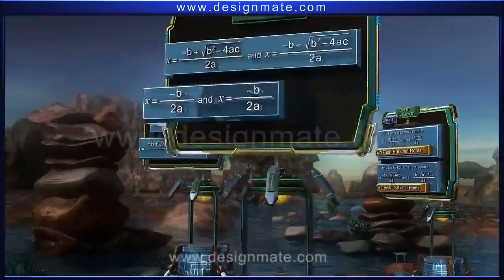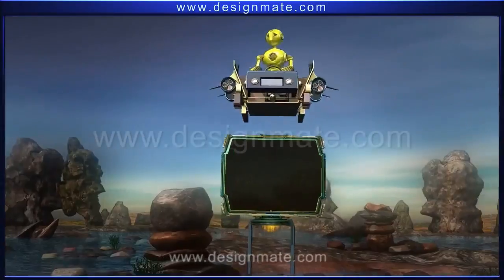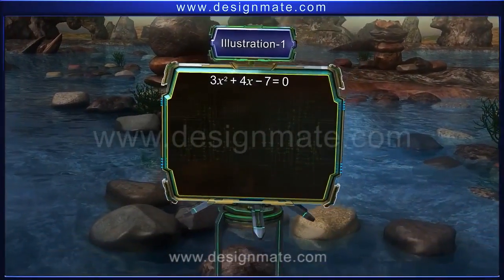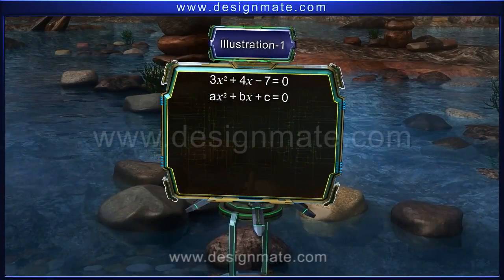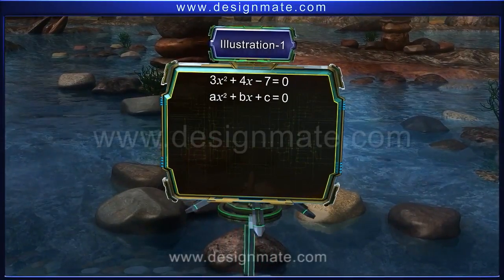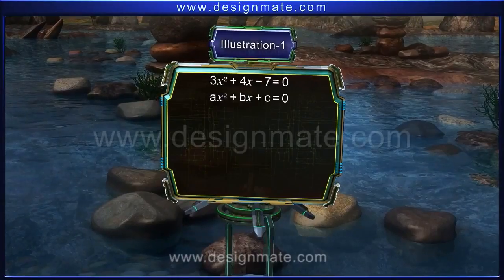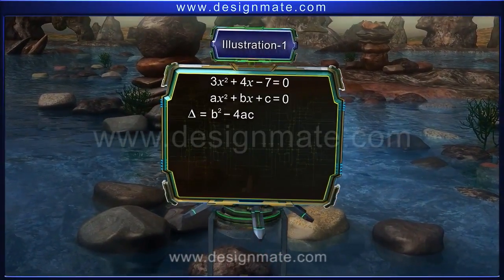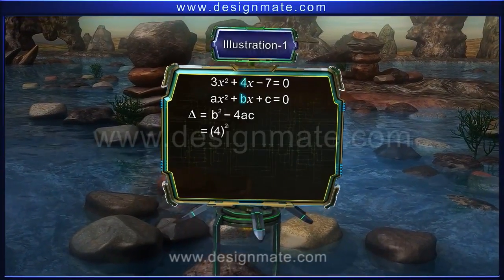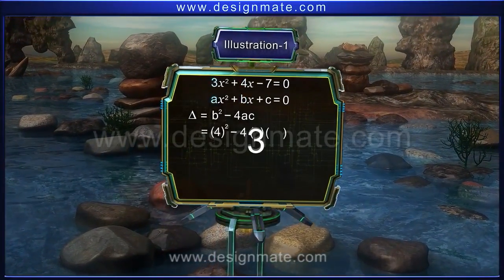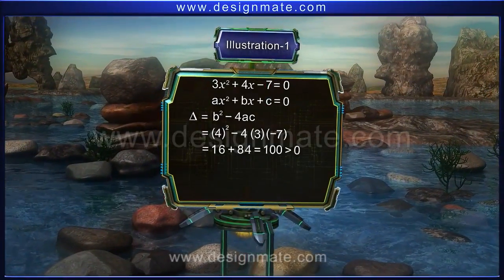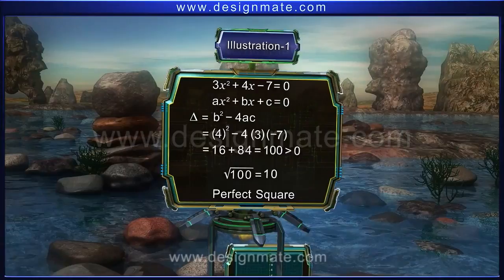To know the number and types of roots of the equation 3x squared plus 4x minus 7 equals 0, we will just calculate the discriminant. Delta is equal to b squared minus 4ac is equal to 4 squared minus 4 times 3 times minus 7 is equal to 100, which is greater than 0 and is also a perfect square.